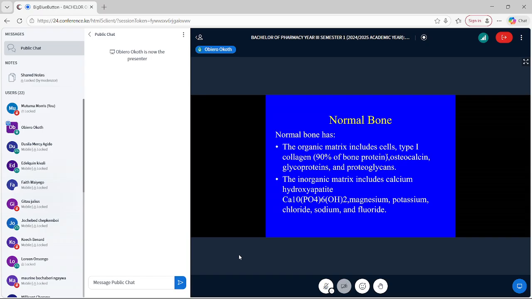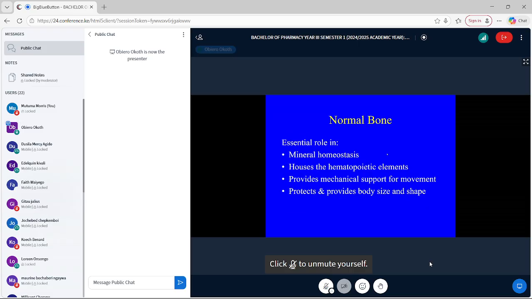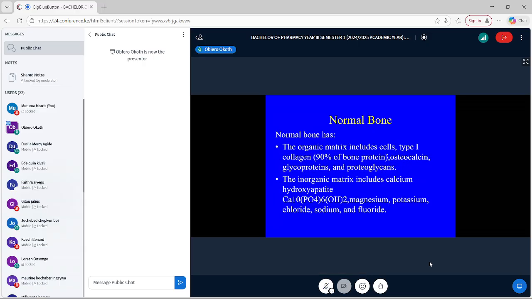It still has magnesium, potassium, chloride, sodium, and fluoride. That's very important in mineral homeostasis. Okay. So these are what normal bone has. It has cells, it has collagen. We'll see what will happen if you have a defect in type 1 collagen, or you don't have sufficient proteoglycans, or you cannot deposit enough inorganic matrix, the calcium hydroxyapatite.